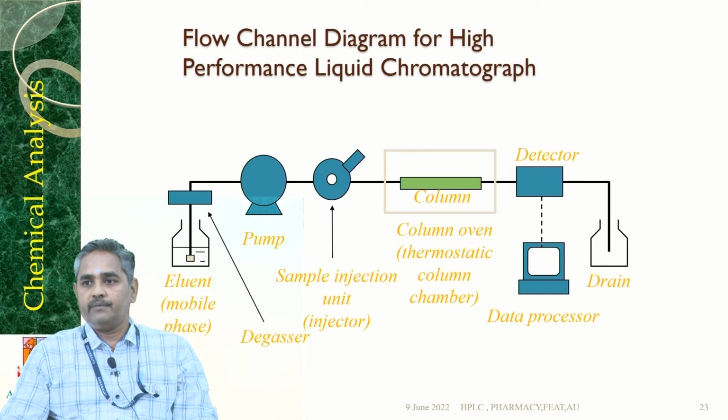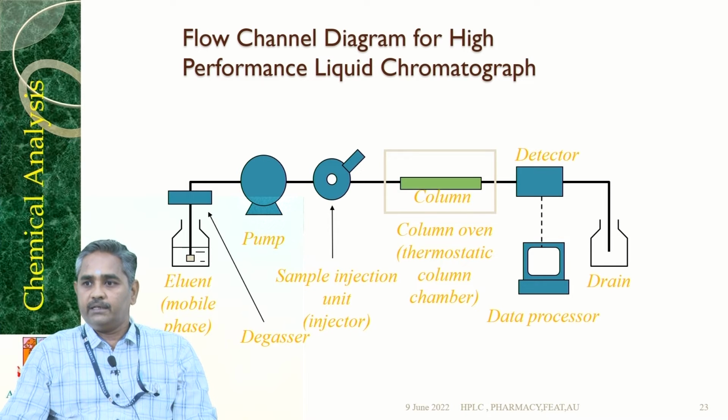Some substances that possess a refractive index may be detected by refractive index detectors. Other substances that are chiral in nature, like R form and S form, are detected with chiral detectors.